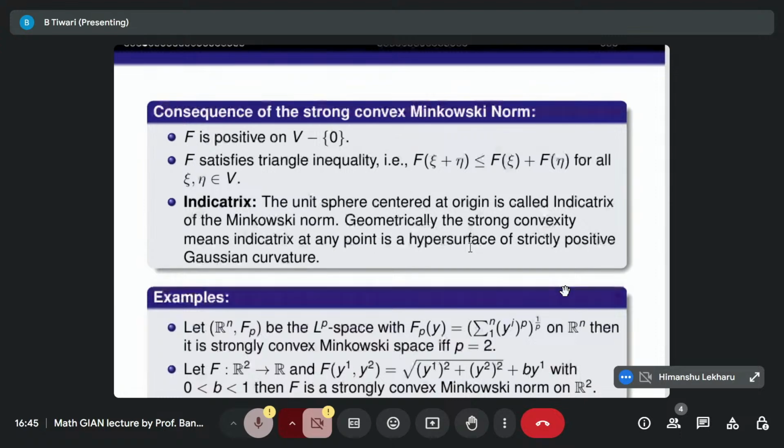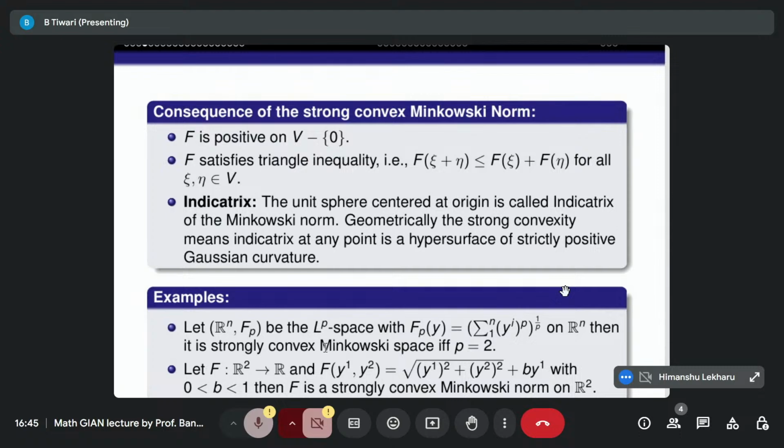Now, for this strongly convex Minkowski norm, among L^p spaces, it is a strongly convex Minkowski norm if and only if p is equal to 2. That is, only the Euclidean norm among all the L^p spaces is a strongly convex Minkowski norm.